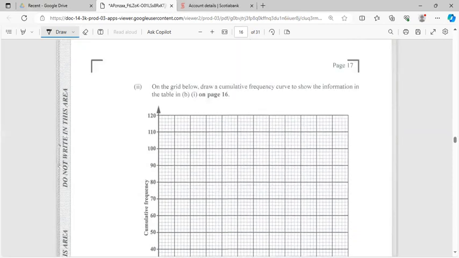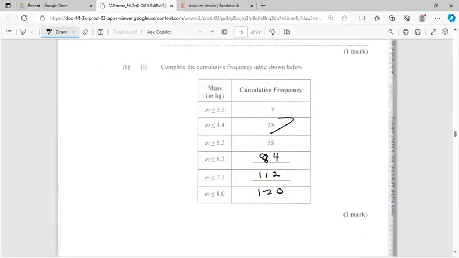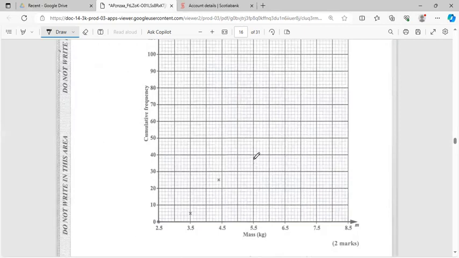So it says on the grid, we make the frequency curve to show information on table B1, which is this table right here. So they put in the first two for us. So the next one is 55. This is a 50.